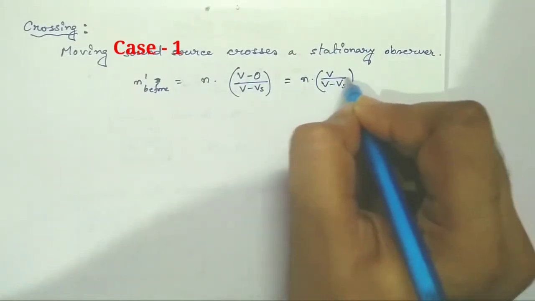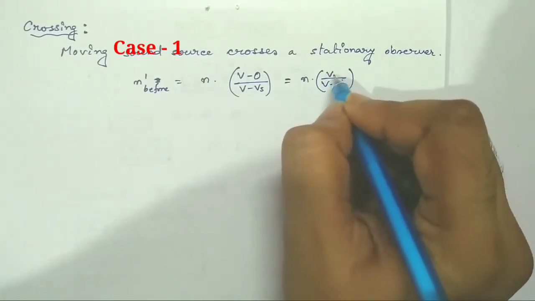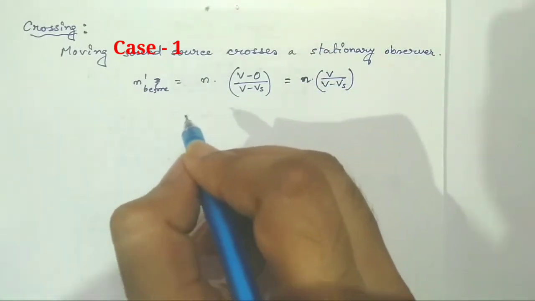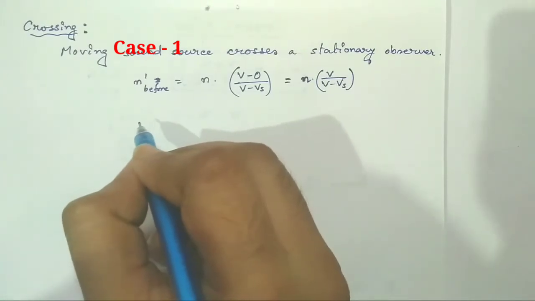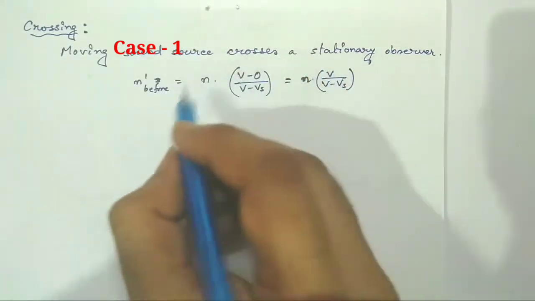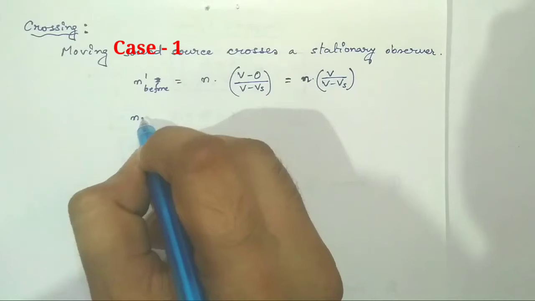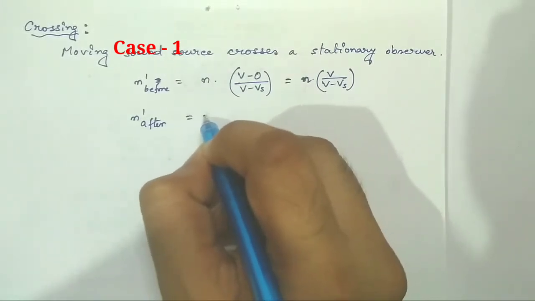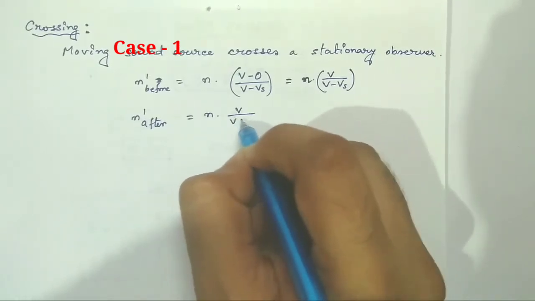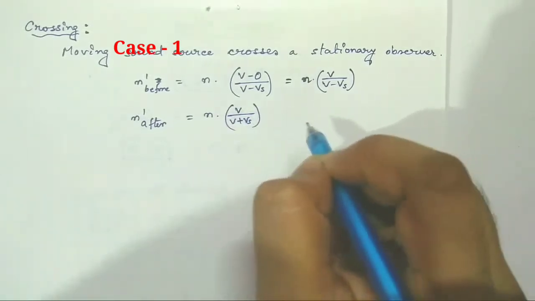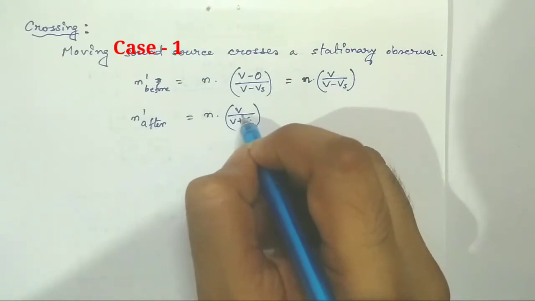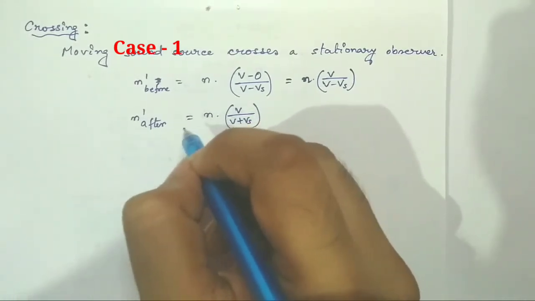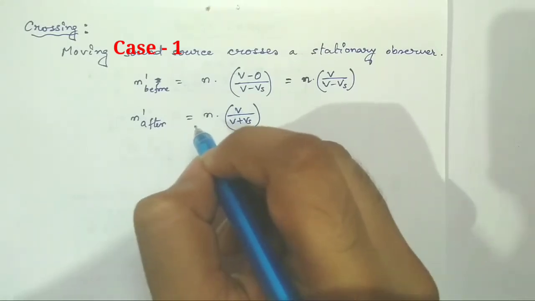You can see the denominator is less than the numerator, so the apparent frequency increases. But the apparent frequency after crossing the station is given by n prime after, equal to n into V divided by (V plus Vs). In this case, the denominator is greater than the numerator, so the apparent frequency after crossing the station decreases.